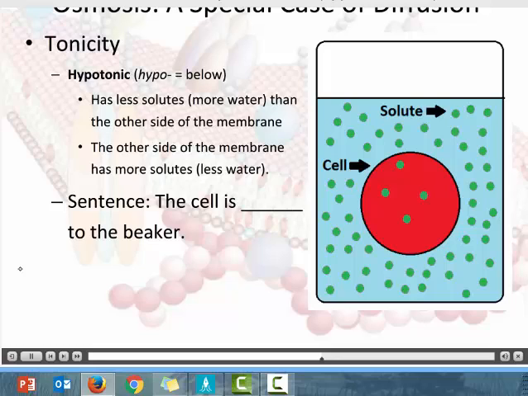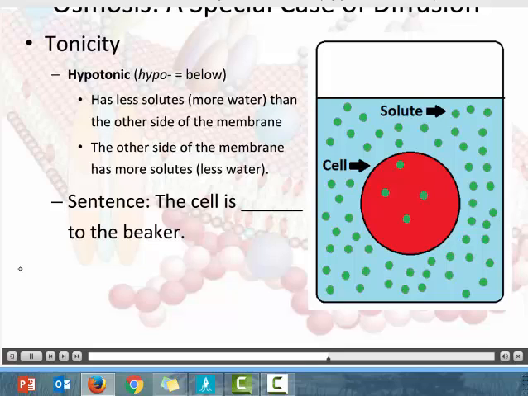If our cell is hypotonic to our beaker, our cell has less solute than the solution the cell is sitting in.